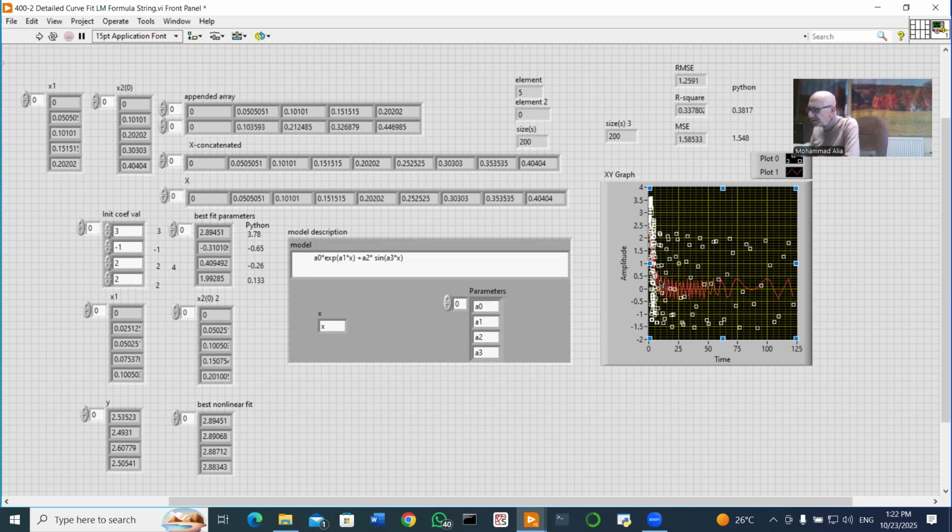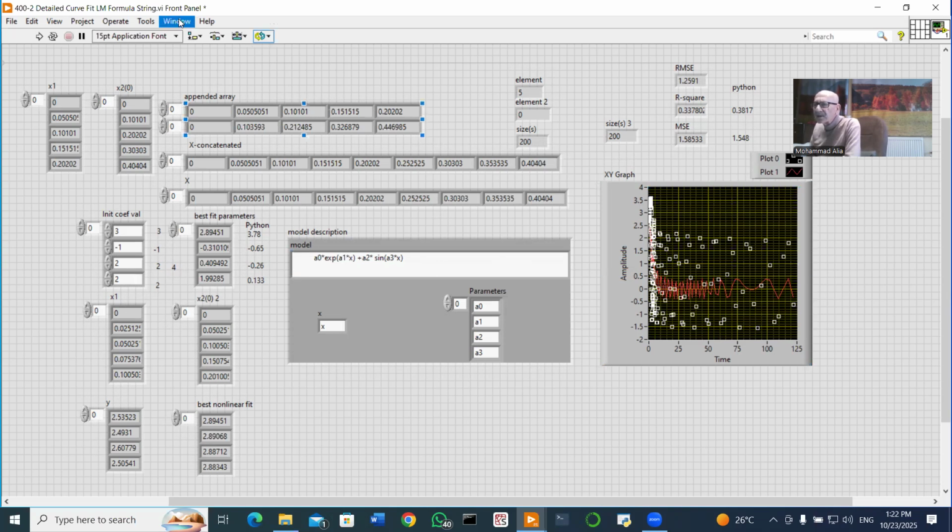So each point at this curve represents a best fit value. As you see, it has a sinusoidal or wavy component because we have this sine component here.